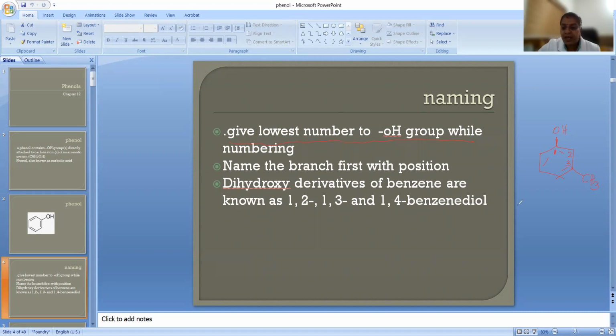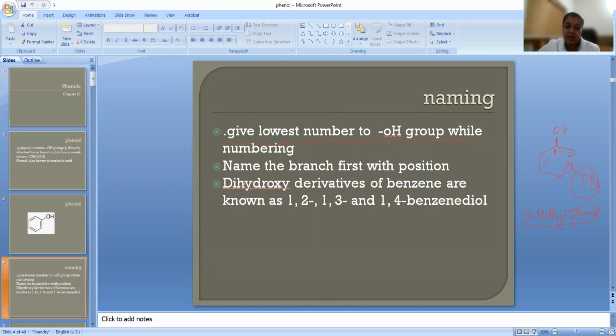Name the branch first. You have a branch here, so you have to name this branch first with the position. Which position is the branch? Third position. So 3-methyl. And then the rest of the part we know the name is phenol. This is the naming.